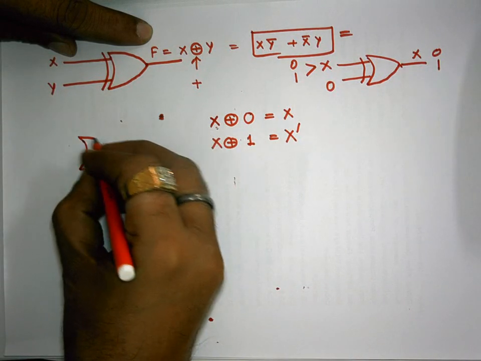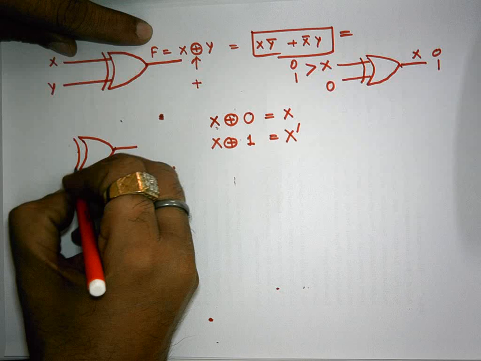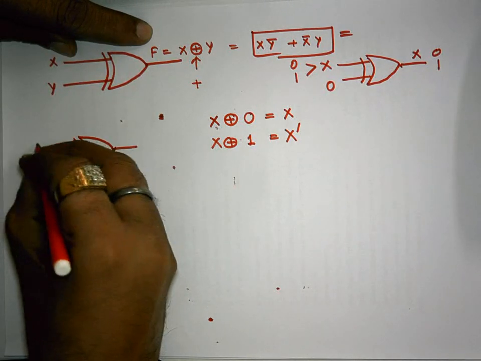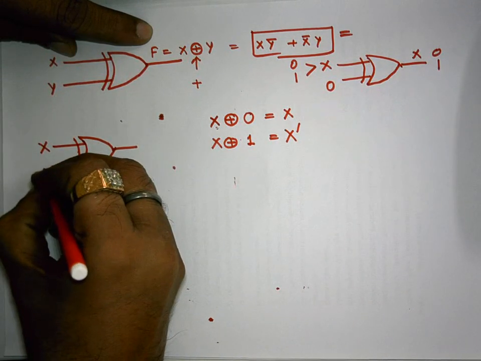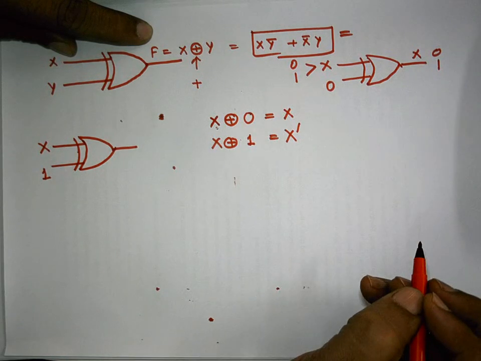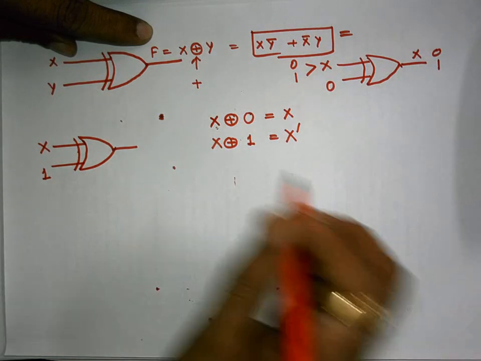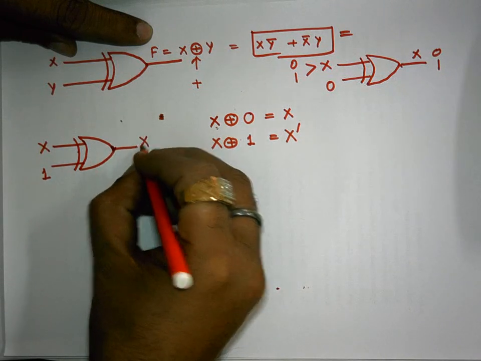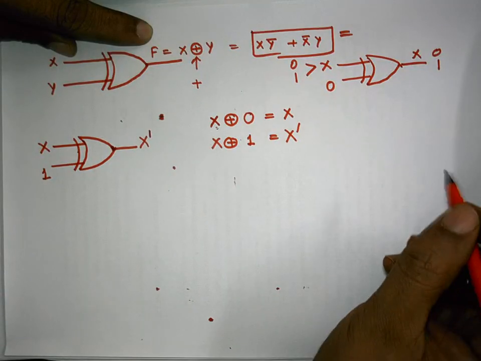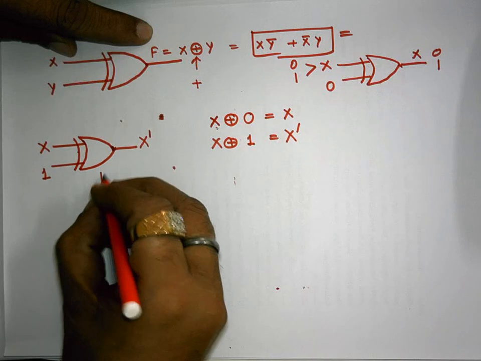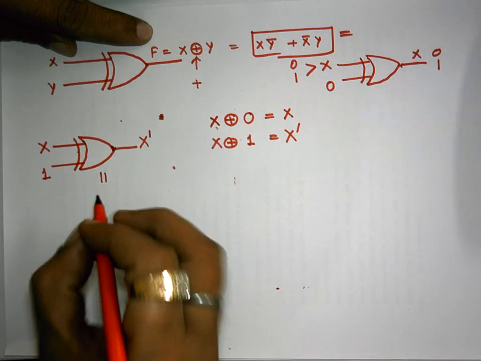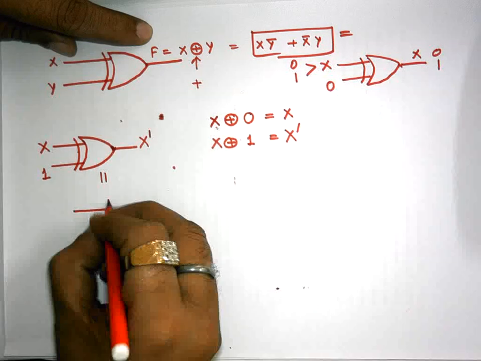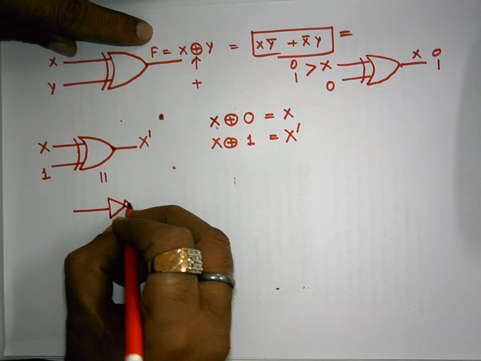What I want to say here is that this is an exclusive OR gate. At one of the inputs of this exclusive OR gate, you are applying X. At the other input, you are applying 1, and you are getting X bar at the output. Means this 2 input exclusive OR gate is now behaving as an inverter.